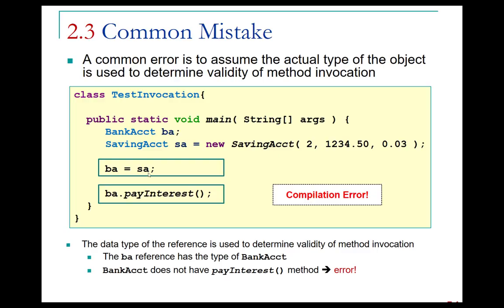This is even though there is a statement before this saying that BA is now pointing to a saving account. Such analysis is not done by the compiler, and thus it doesn't know that this can actually happen, and instead gives a compilation error. So beware, this will not get through compilation. The compiler doesn't do such semantic analysis.